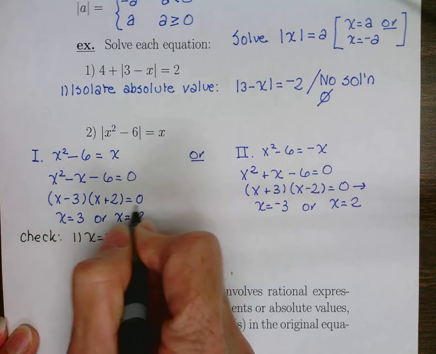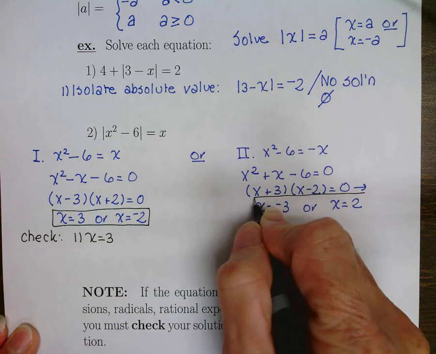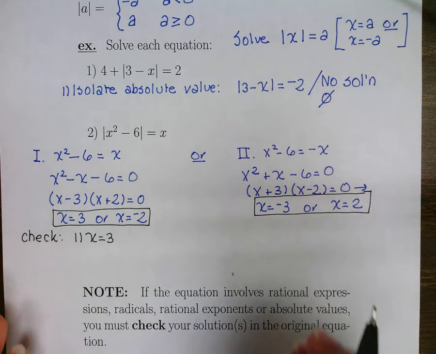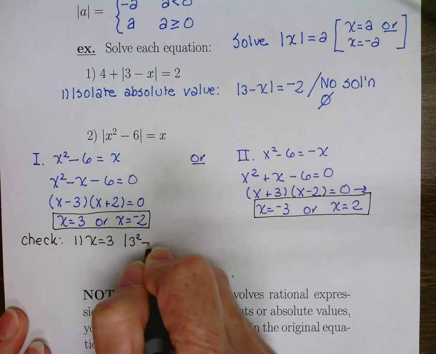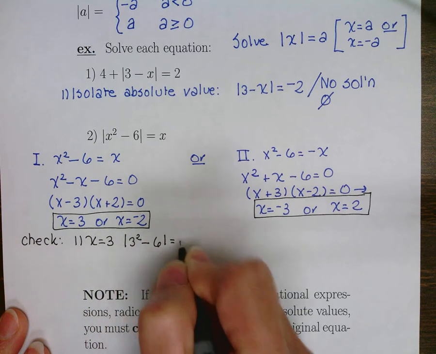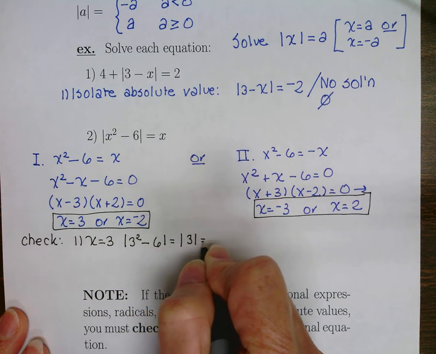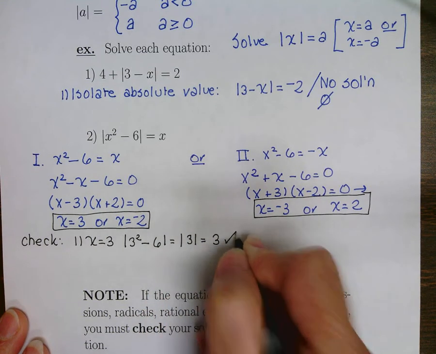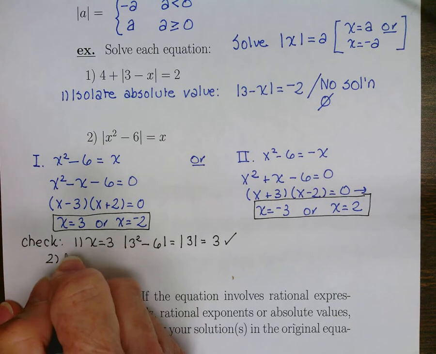So let's start with x equals 3. Remember, I have 4 choices now. 2 from the first equation, 2 from the second. So x equals 3, I plug that in. 3 squared minus 6 is the absolute value of 3, which is equal to 3. So that one works. Second, x equals negative 2.